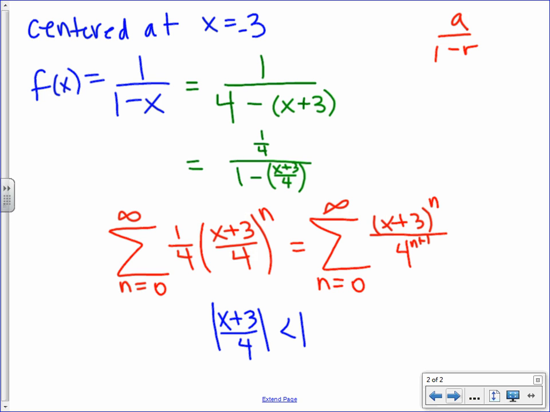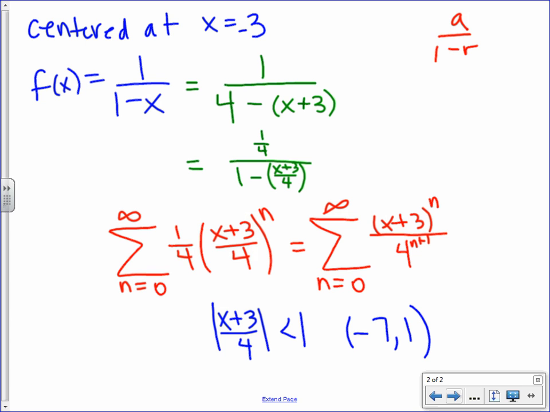We need the absolute value of r to be less than 1. Do you agree? Yeah. So our radius of convergence is 4. Therefore, our interval of convergence is -7 to 1, is that what you said?